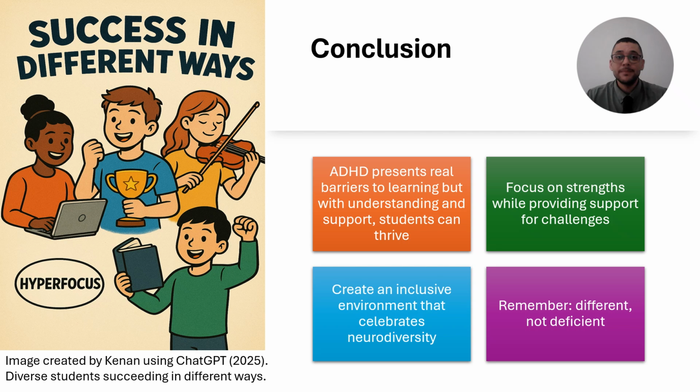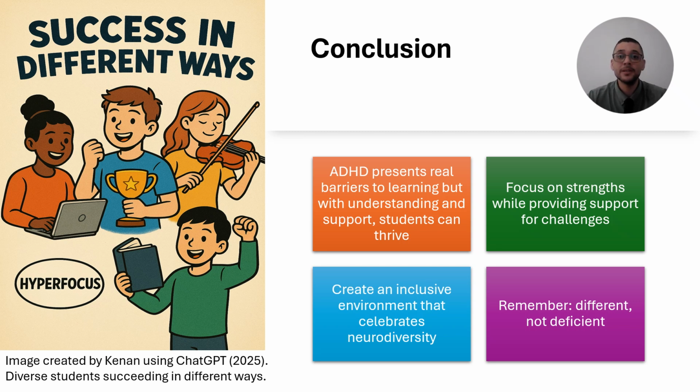To conclude, ADHD certainly presents real barriers to learning, but with understanding and appropriate support, students with ADHD can absolutely thrive. The key is balancing a recognition of their challenges with an appreciation of their strengths. By creating inclusive environments that celebrate neurodiversity, we help all students understand that different doesn't mean deficient, it just means different.